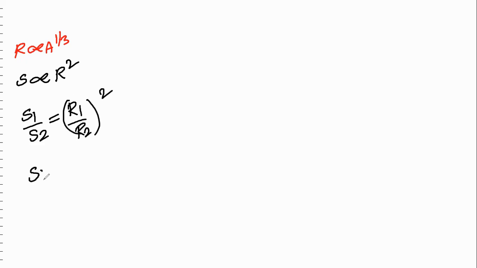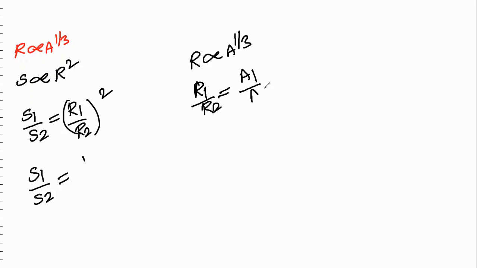Therefore, S1 by S2 is equal to, and R is proportional to A power 1 by 3. Then we'll write R1 by R2 is equal to A1 divided by A2 whole power 1 by 3.